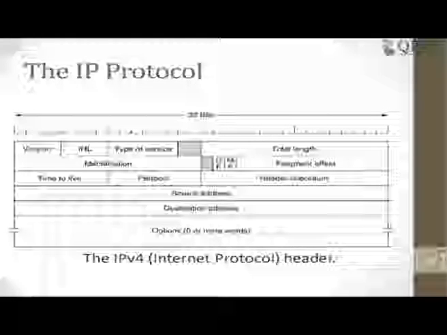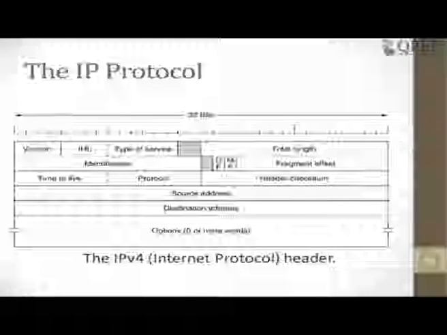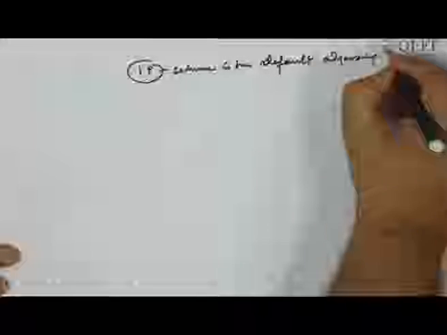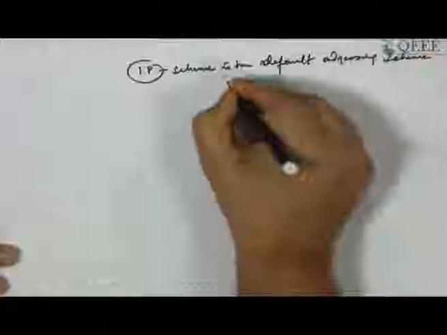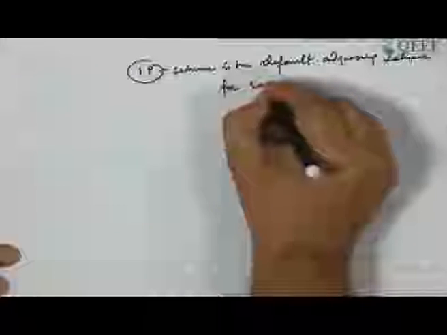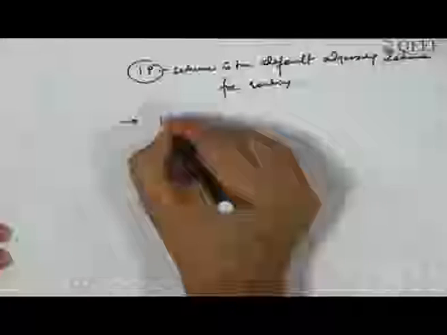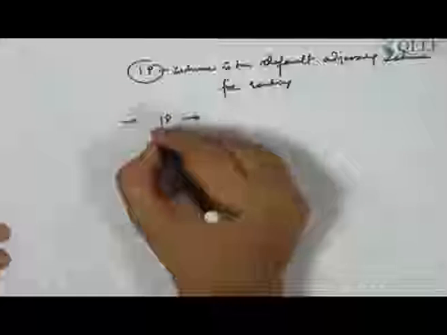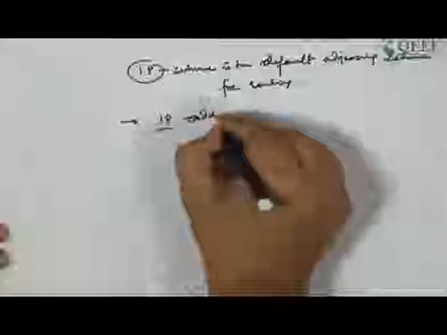Coming back to IP. What we know now is that the IP scheme is the default addressing scheme for routing. So what is an IP address?